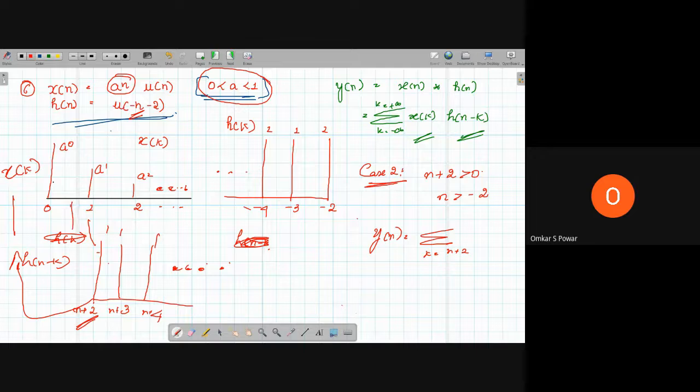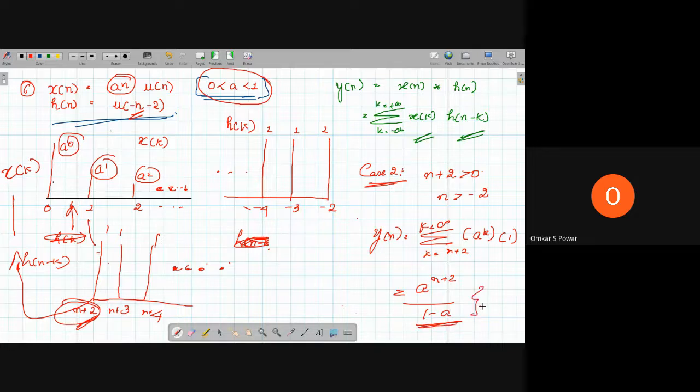In case 2, greater than 0, it will lie here. So the overlapping starts from n plus 2 up till infinity. What is the magnitude? A power k into 1, because it's a power 0, a power 1, a squared, like that. And what you will get is a power n plus 2 divided by 1 minus a. So using the formula you can solve this one.